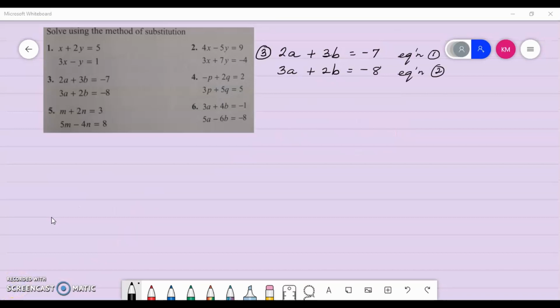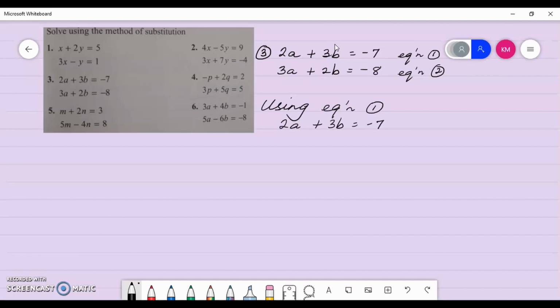So now we move on to number 3. I label my equation 1, equation 2. So my first step is to make one variable the subject in one of my equations. So I'm going to use equation 1, and I have 2a plus 3b is equal to negative 7.